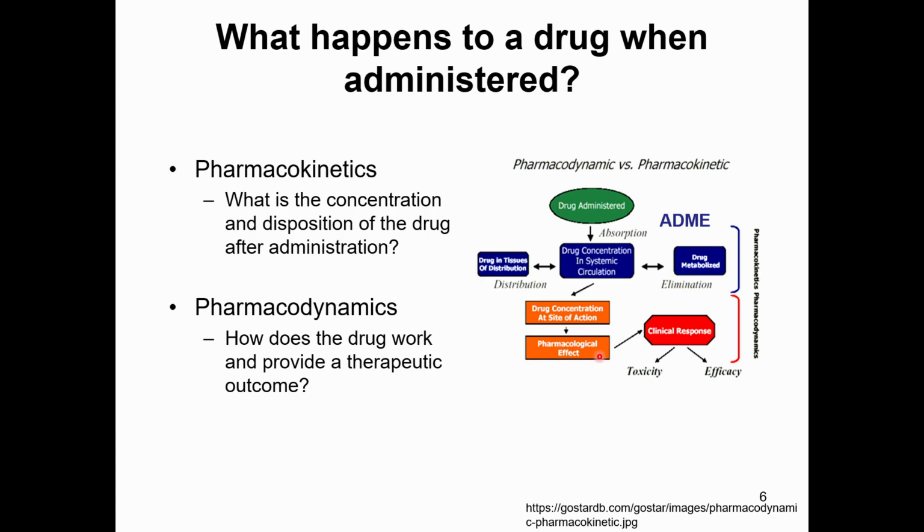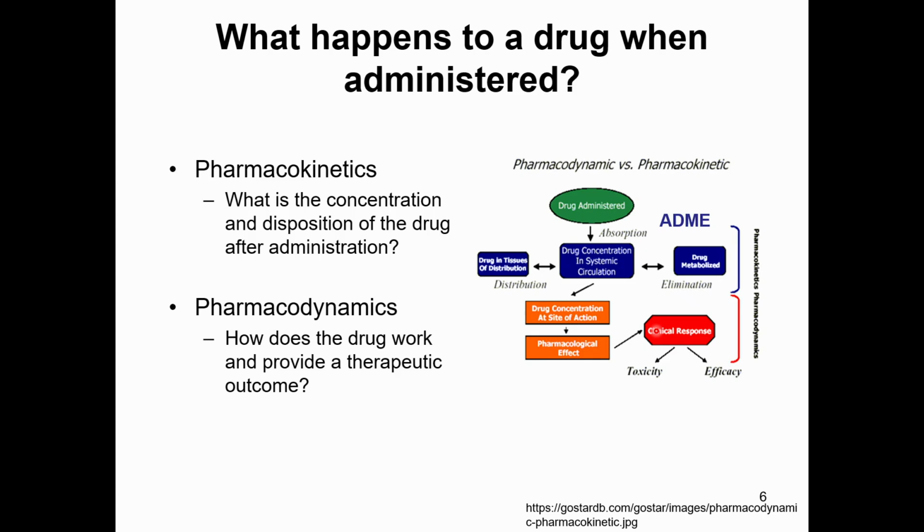Then, of course, we want to know what is the clinical response. Some drug binds to a particular receptor, and receptors allow cells to respond to their environment, essentially. So when something binds to a receptor, maybe that cell changes what it is doing.